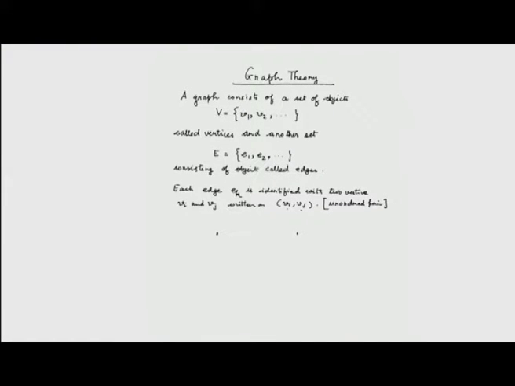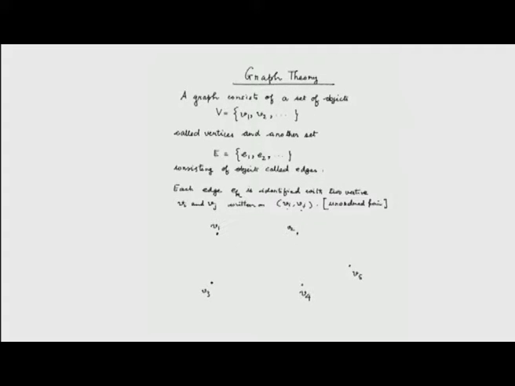So, let us look at an example of a graph. So, we have got vertices which we write as points on a plane. Let us name these points, call them V1, V2, V3, V4 and V5.